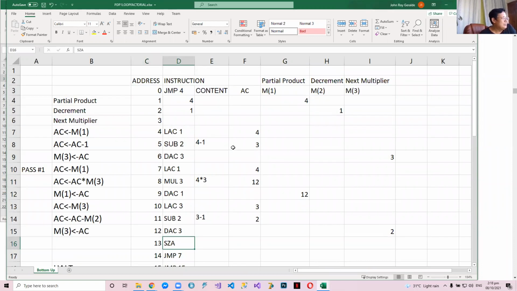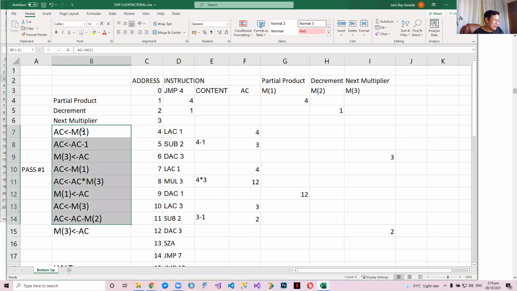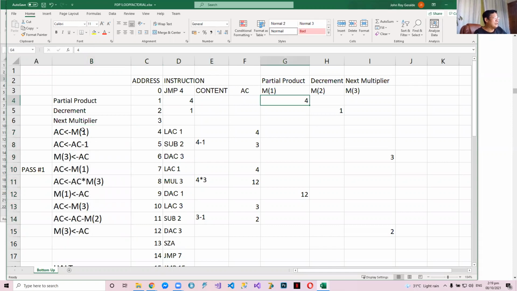Do you follow? Okay. So anyway, the logic is the same, right? In fact, the micro instructions are the same except at the last. Okay. These are repetition of partial product and next multiplier. Likewise, no, our partial product is m of 1, our decrement is m of 2, and our next multiplier is m of 3. Okay.